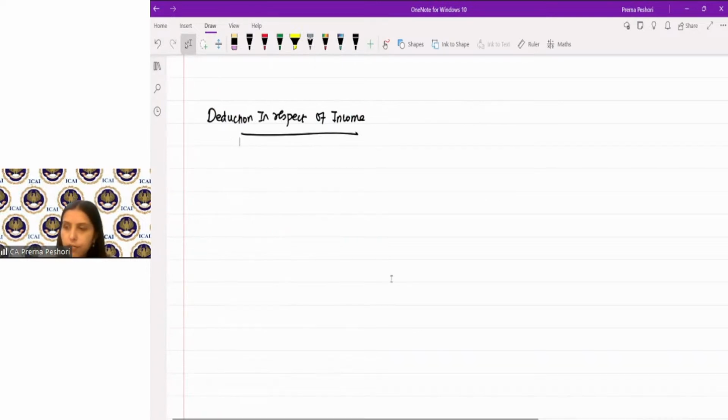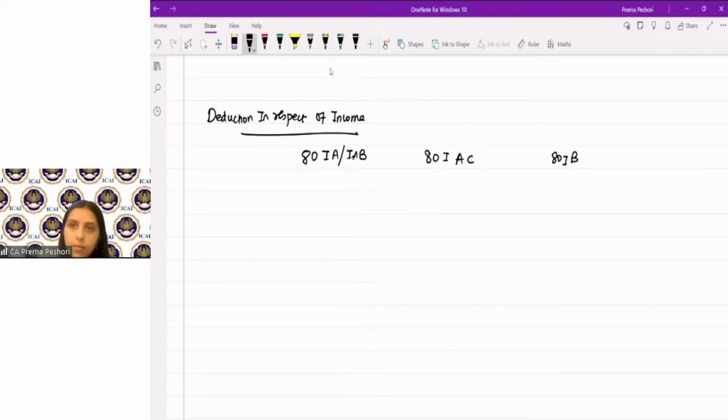So we have section 80IA, 80IB or 80IAB. We have section 80IAC. Then we have section 80IB. And we also have 10AA deduction.